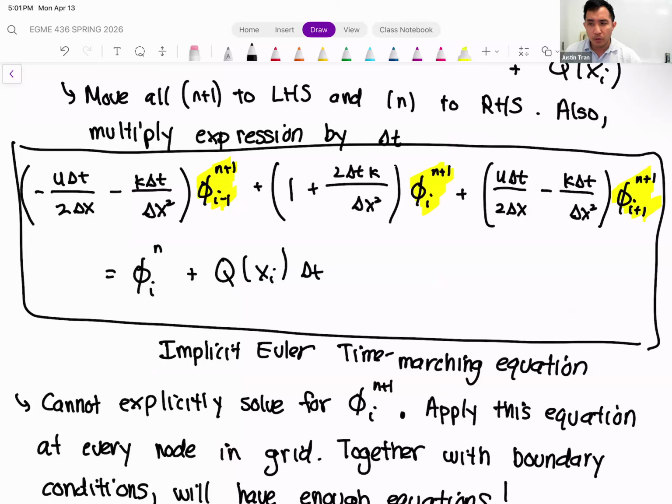I don't think I'm going to assign you a problem where I have you do both explicit and implicit Euler for the same problem. But just know that, because the positions are different, the signs are going to be different for these terms as well. So you can't just copy the explicit Euler coefficients; the implicit ones are going to be different.